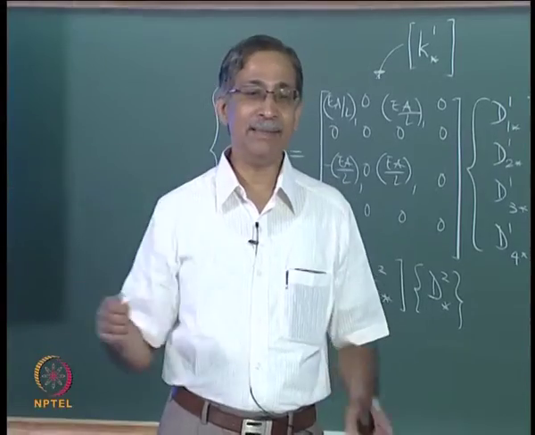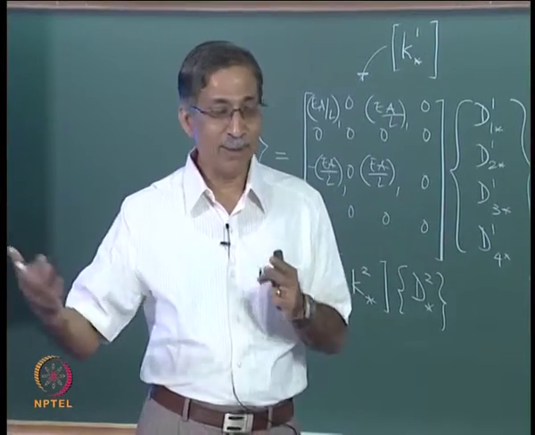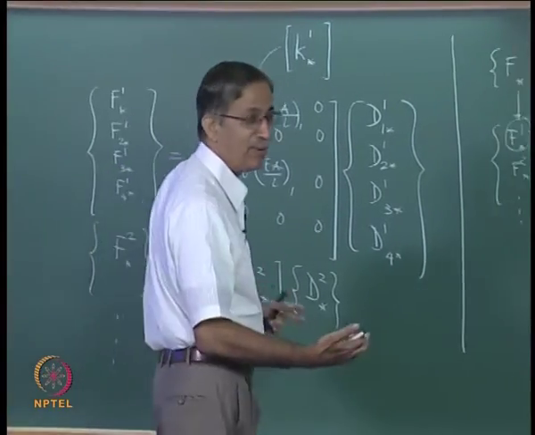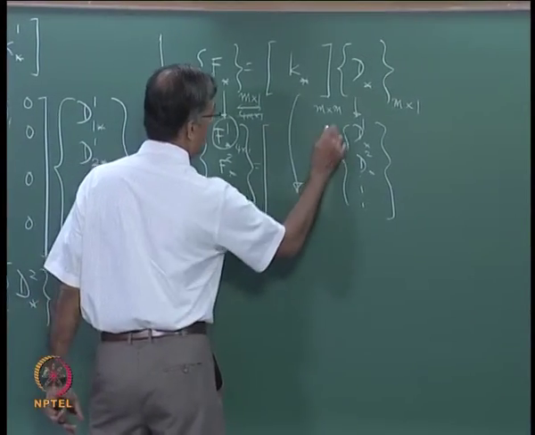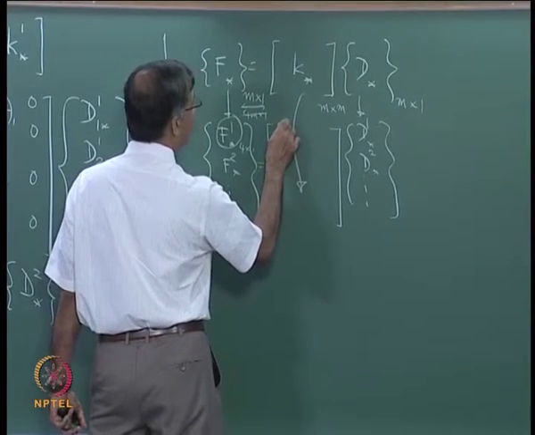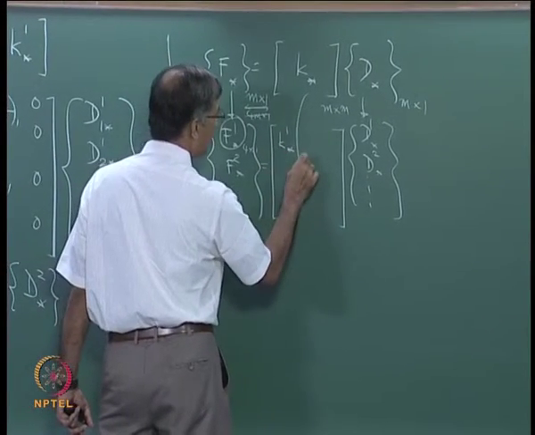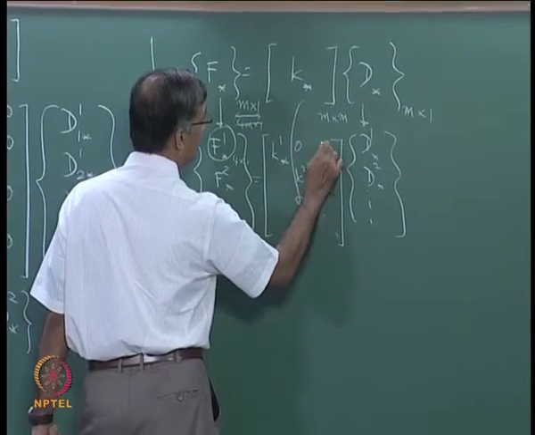Wonderful. See, the element stiffness matrix for one element has no relationship with the element stiffness matrix for the other element. So if you really want to put in a matrix form, there is only one way you can put it. This will be a diagonal matrix where you have, say, K1 star here, K2 star there, all the way here, and you have zeros everywhere else.